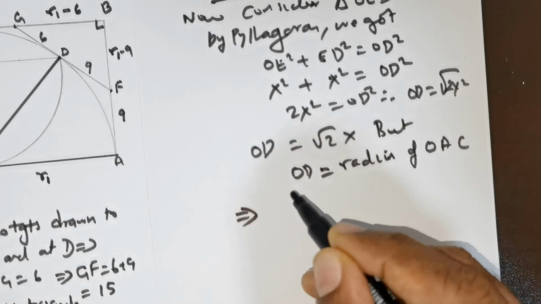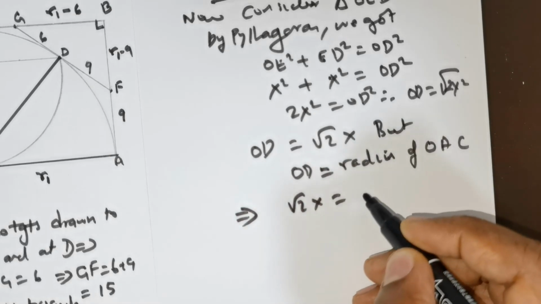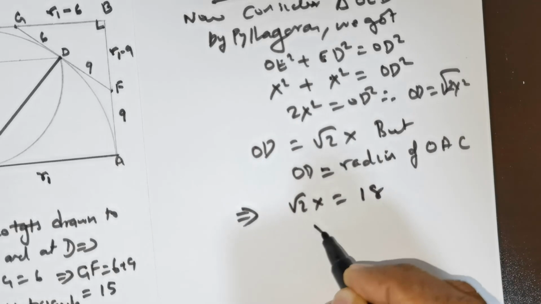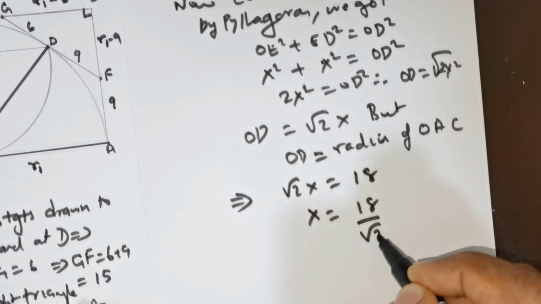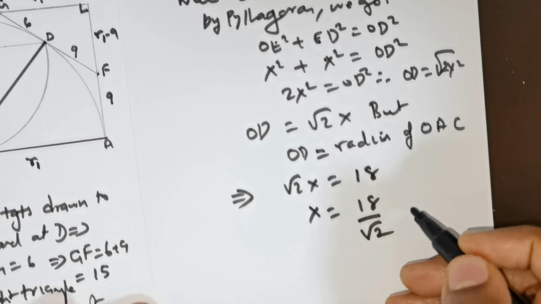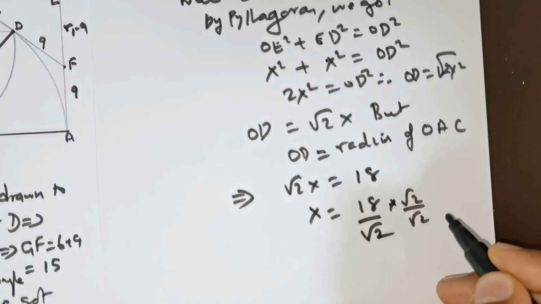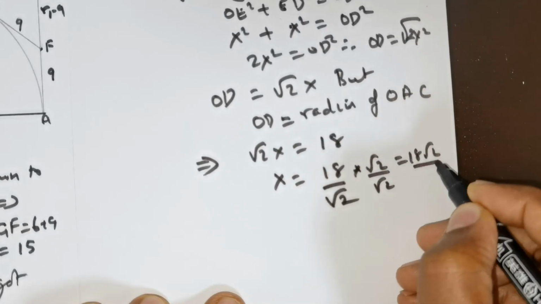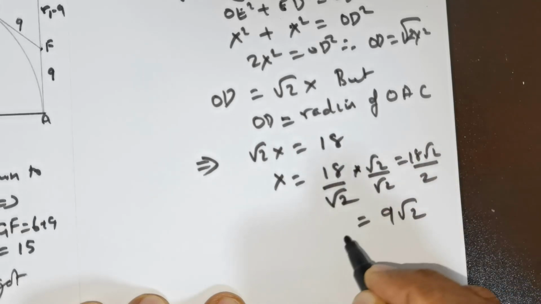So this means root of 2 times x is equal to R1. What is R1? 18 units. So this means x is equal to 18 over root of 2. Now if you multiply by root 2 and root 2, this can be rewritten as 18 times root 2 divided by 2, which is equal to 9 root 2.